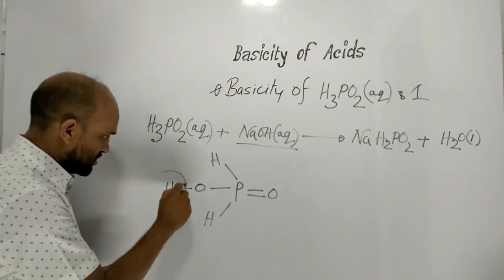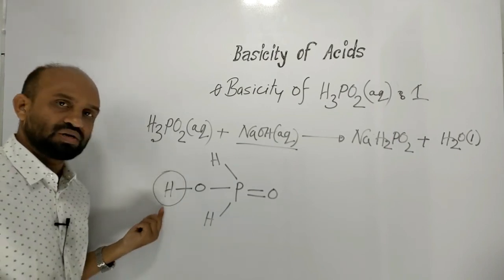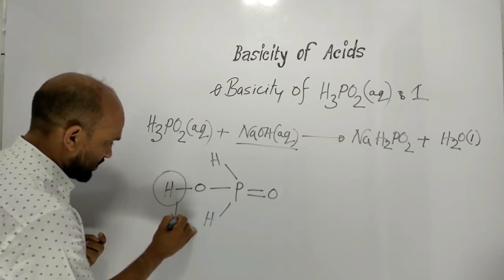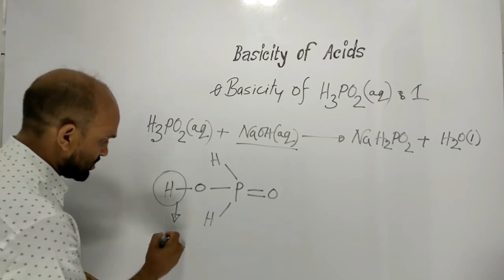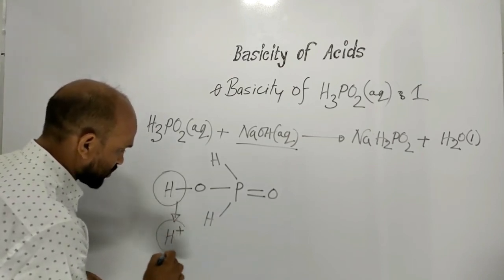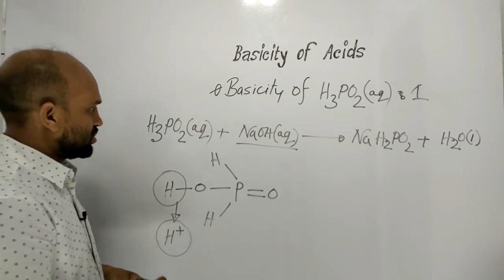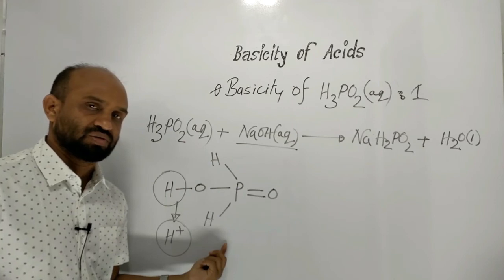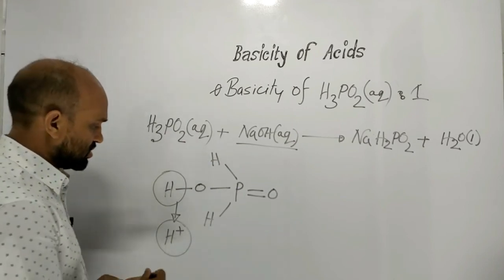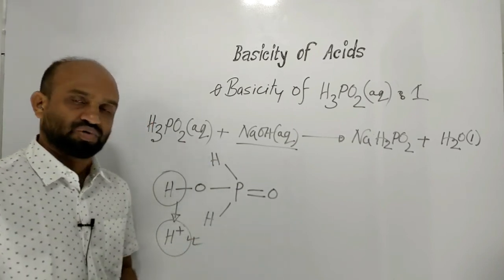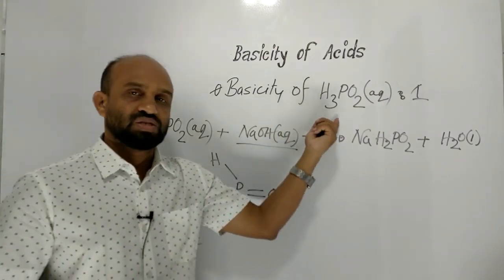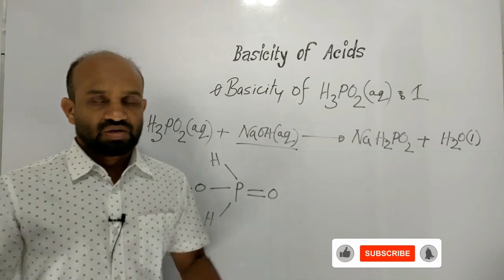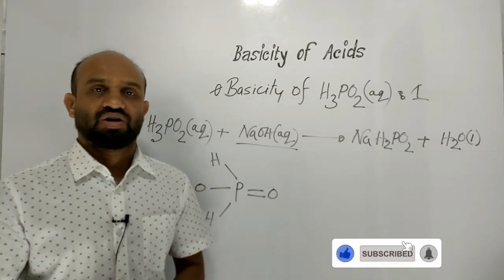Here, this hydrogen is the only ionizable one, and hypophosphorous acid produces only one proton, though it carries three hydrogen atoms, but it produces only one proton. That is why basicity of hypophosphorous acid is 1. This is all about basicity of acids.